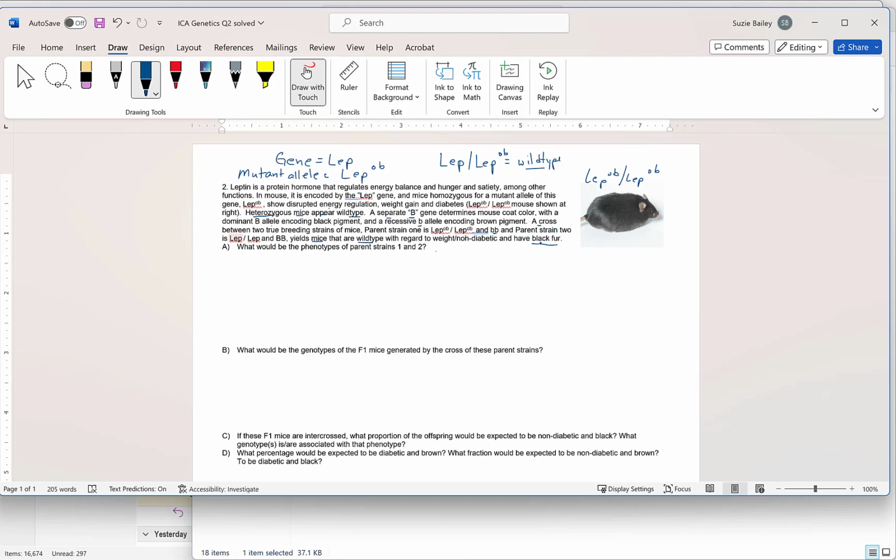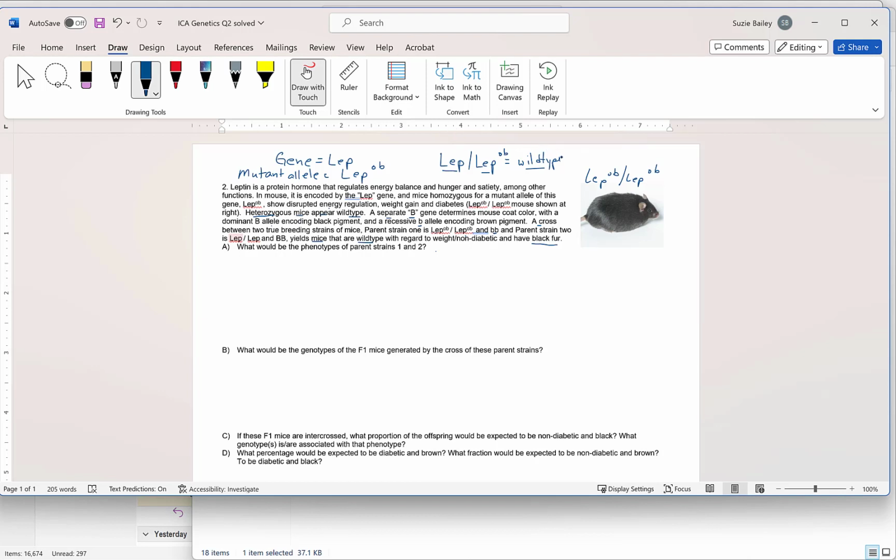Just like we talked about for question number 1, the progeny of the cross of two true breeding strains is going to give us important information about the dominance relationship between our alleles at these two genes, right? We need to think carefully about what this information is telling us. With regard to the LEP gene, we already said that heterozygous mice, so mice that have one of the wild type alleles and one of the mutant alleles, end up being wild type.